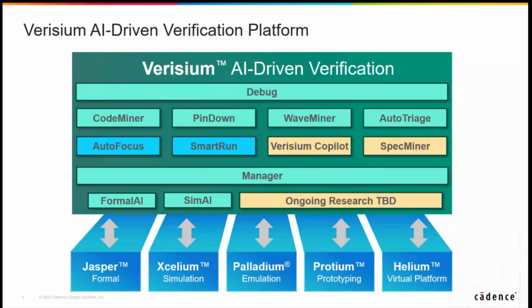So first, to just kind of present our AI platform, it is the Verisium AI-driven verification platform. There are several aspects to this. There's your traditional debug, planning, job submission, all of that's inside of there. And what's really interesting is all of the verification data is essentially living around Verisium.